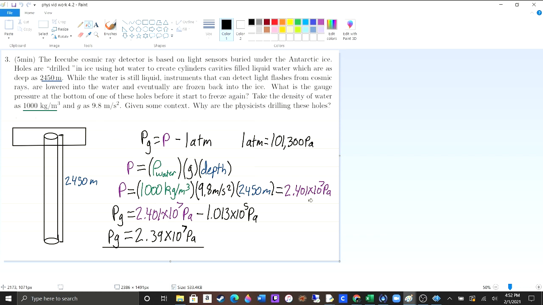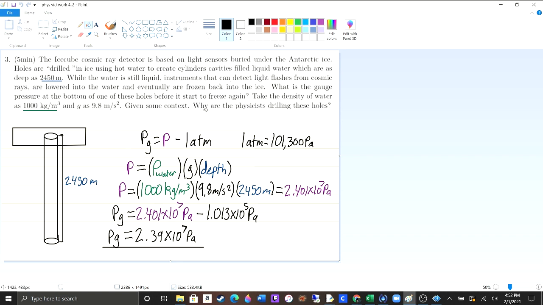So we get that our pressure before we do anything to it is 2.4 times 10 to the 7th pascals. So if we subtract 101,300 pascals from that, we get our gauge pressure, which we find is equal to 2.39 times 10 to the 7th pascals. So that's our gauge pressure at the bottom.